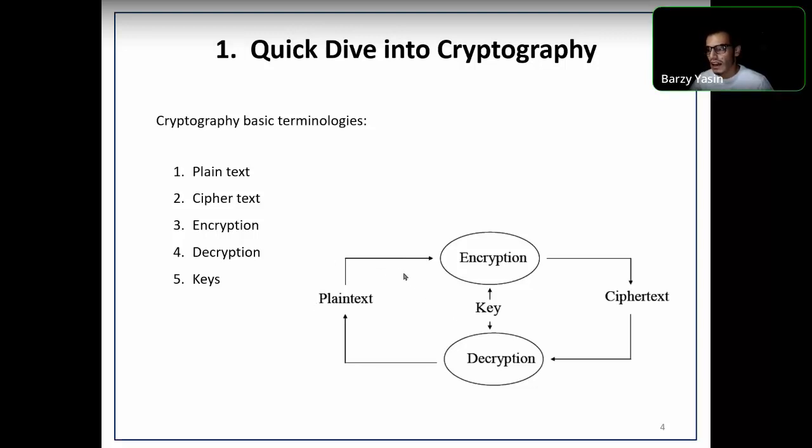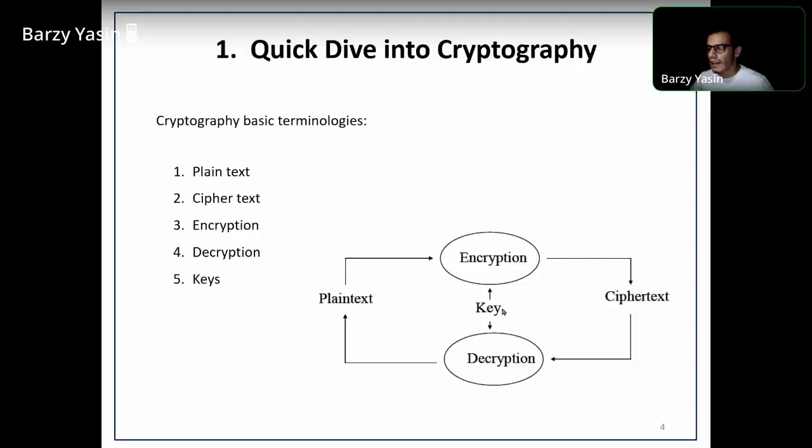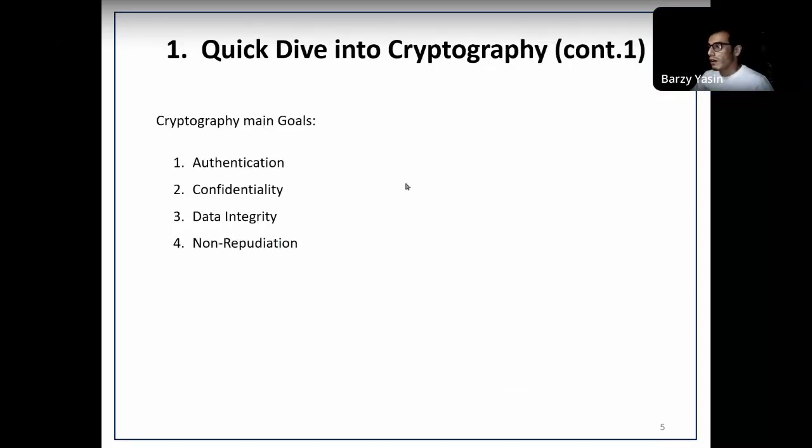Key is a factor between them, and a key is a string of bits or alphanumeric characters, or any symbols, that are used in the encryption and decryption algorithms.